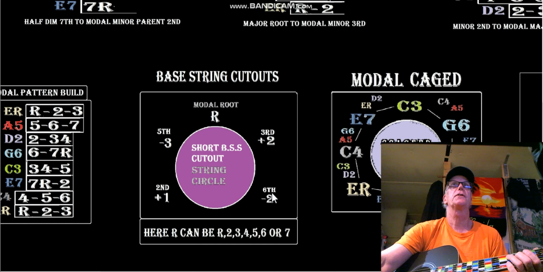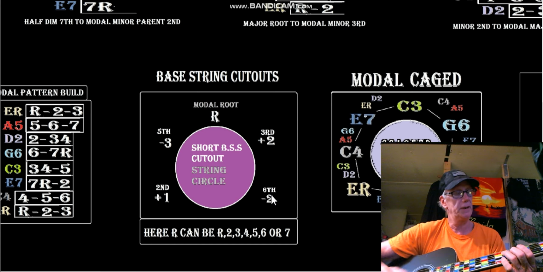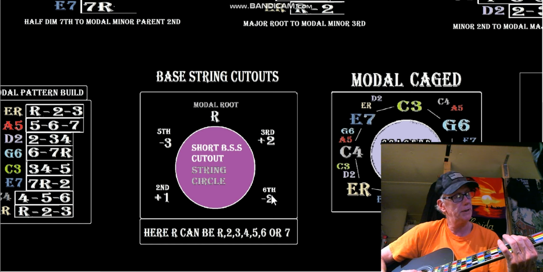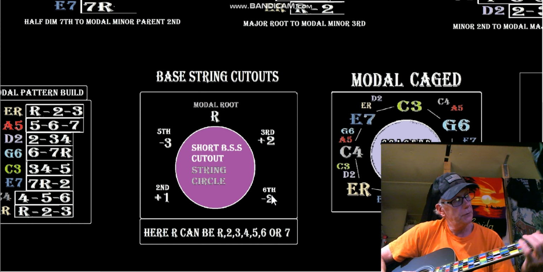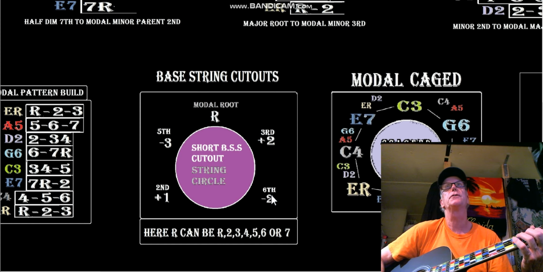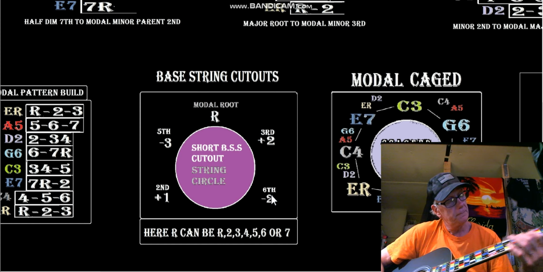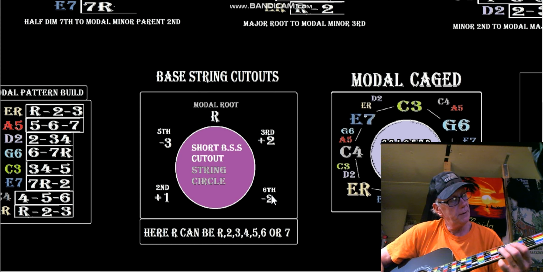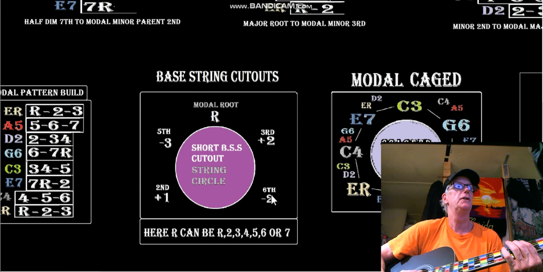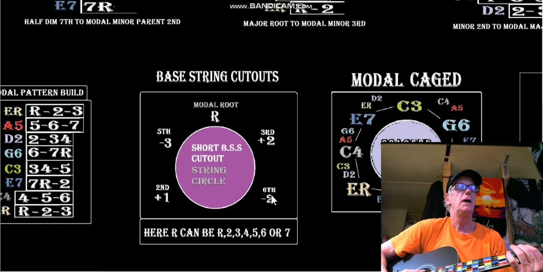The sixth is on the third string. Here's the first string, bass string shape. Second string. The third string is the original string shape minus 2. So the third string is going to be, okay, the sixth of the Phrygian.